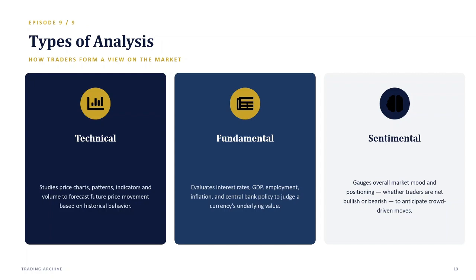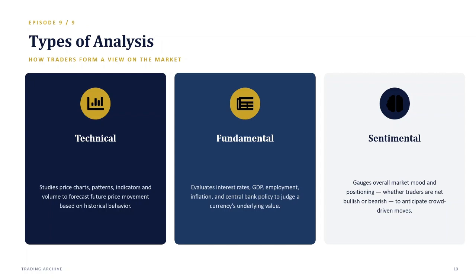Now we are going to make another series on technical analysis and fundamental analysis. We shall not be explaining sentimental analysis, apologies for that, because it is not used as often. Sentimental analysis is basically trying to gauge the market mood and the positioning of different traders.